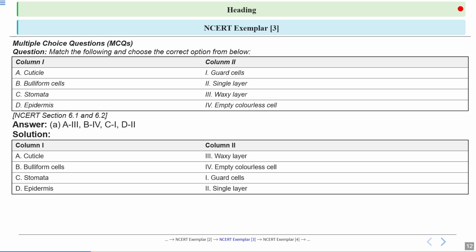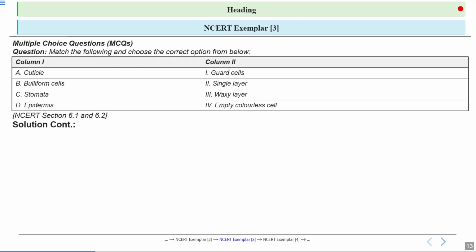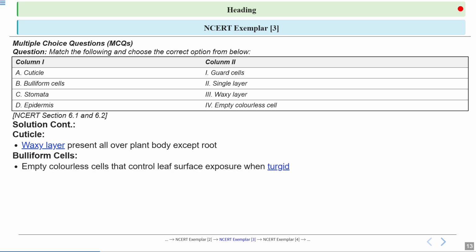Let us see the explanation of this question. The waxy layer is present all over the plant body except the root. They are not present on the root, this cuticle layer, right? Bulliform cells are empty colorless cells that control the leaf surface exposure when turgid.